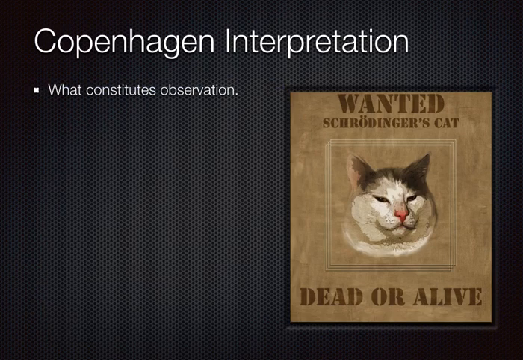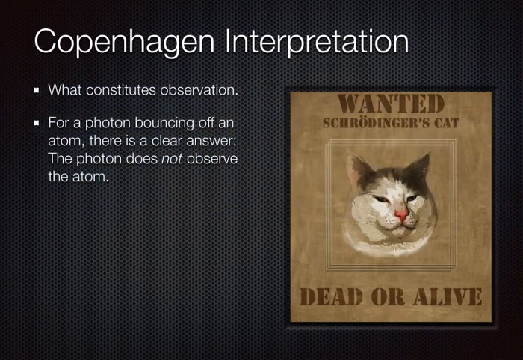So what constitutes observation? We'll go over it again. For a photon bouncing off an atom, there's a clear answer. The photon does not observe the atom. If we're going to try to look, remember it's going through the double slits. How do we observe it? With a laser or something. So we shoot a photon, and it bounces off the particle. Does the microscopic object observe the microscopic object?